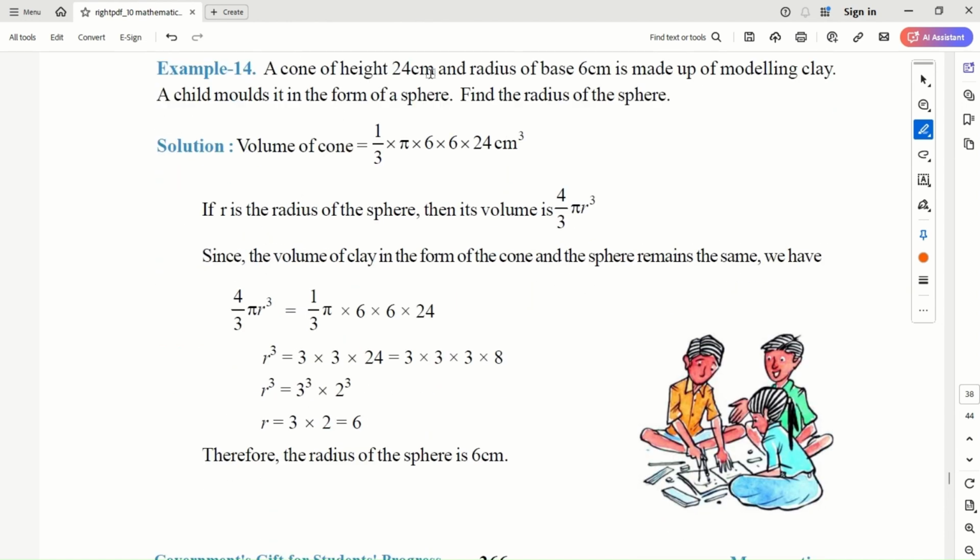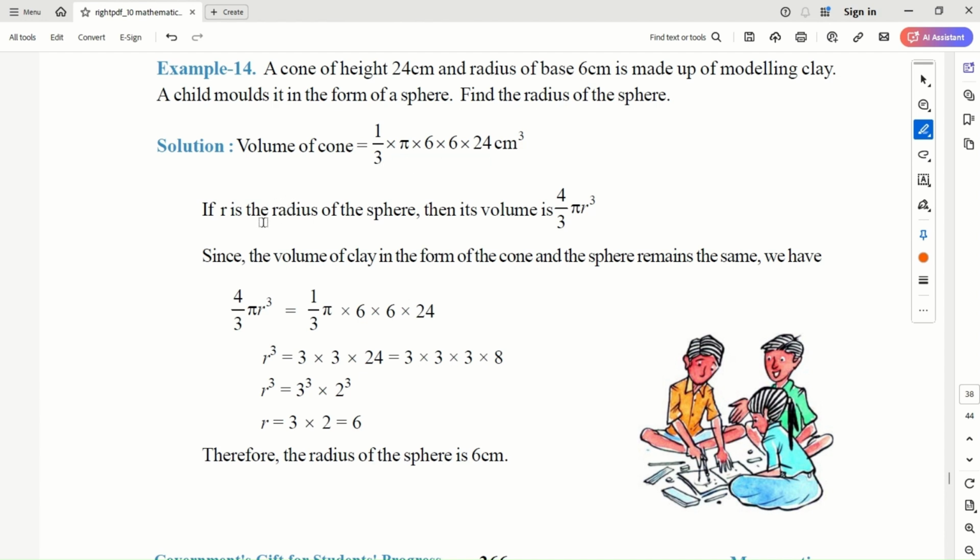A cone of height 24 centimeters and base radius 6 centimeters is made up of modeling clay. A child molds it in the form of a sphere. He takes this much mud and then molds it into a sphere. Find the radius of the sphere. This is an interesting question, right? The volume of the cone is 1 by 3 pi r square h.